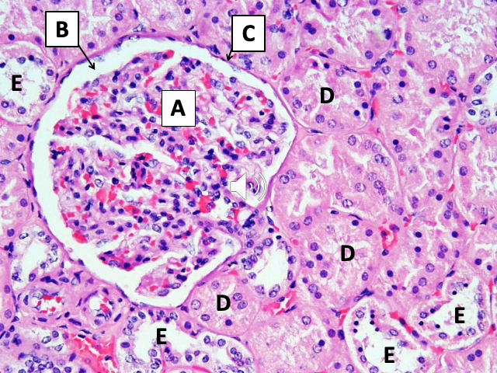Look at this carefully. You can see clearly the glomerulus. A indicates the glomerulus and B is the Bowman capsular space. C is the outer layer of the Bowman capsule, which is lined by the simple squamous epithelium. D indicates the proximal convoluted tubule.